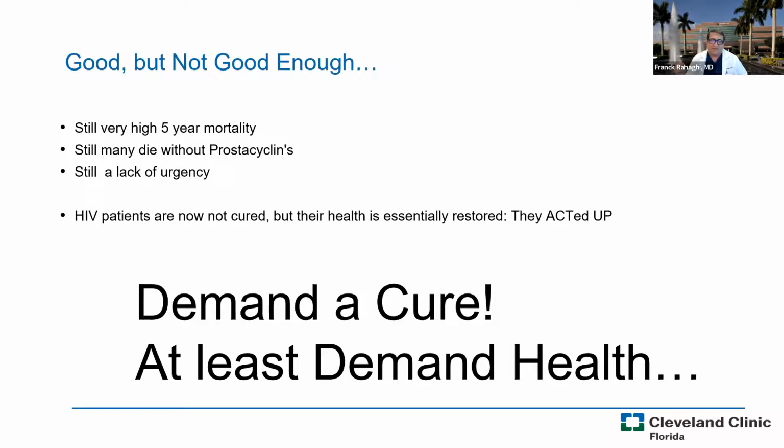When their pandemic was killing them, they really acted up and asked for a cure. So I don't know why in PAH we're not more vocal about asking for a cure and really expecting normalcy and health from our physicians, from us, from the world, from the authorities.